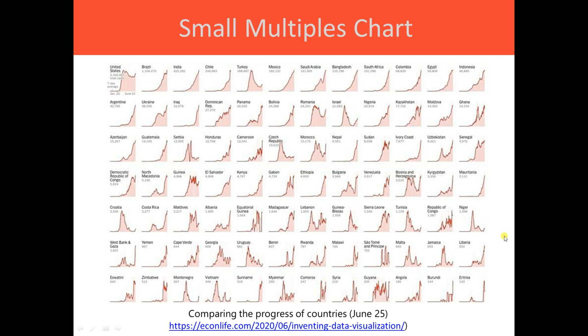This is a small multiple chart because it really allows you to compare different countries, in this case how they progressed in terms of the cases. You can see who is already over the hill, who is experiencing a second wave. Right, U.S. just always plateaued. It's like the only country here that's never really gone down a lot.